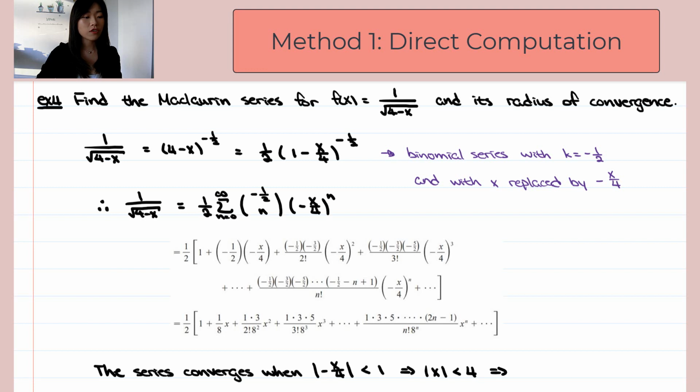So the radius of convergence, R, equals 4. And that is the end of the first method, the direct computation. In the next lecture, let's look at the second method, which is term-by-term differentiation or integration.